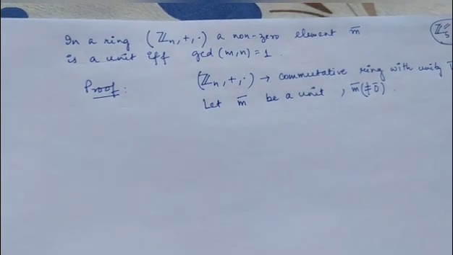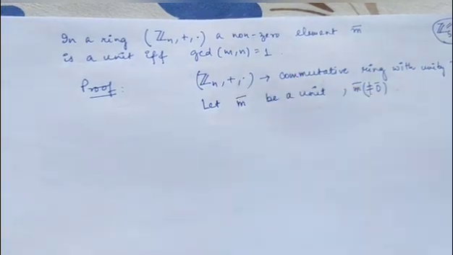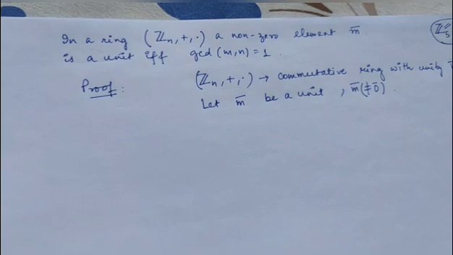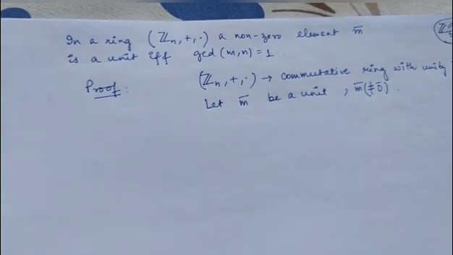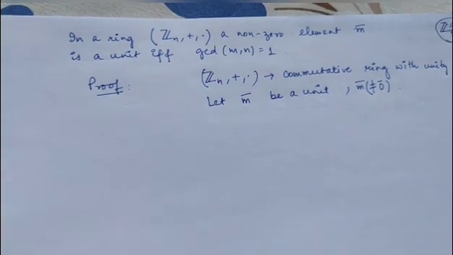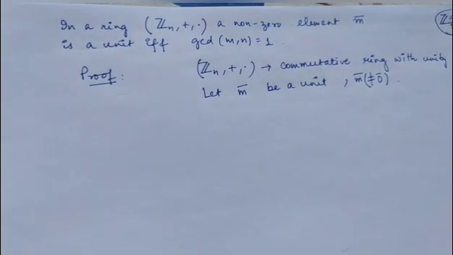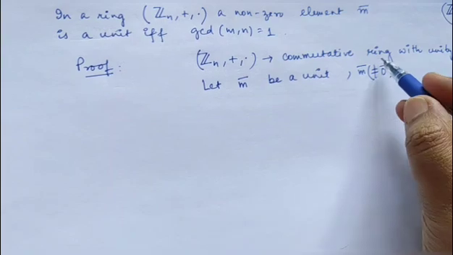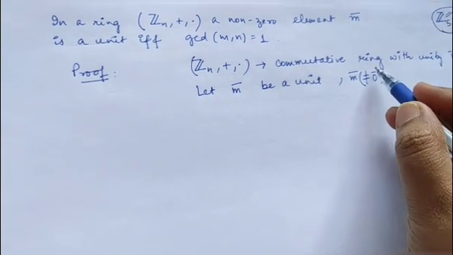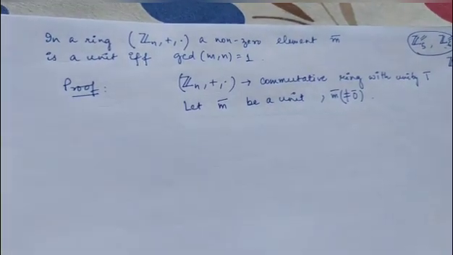For every arbitrary ring, with respect to the first binary operation, the ring is a commutative group, and hence it has an identity element with respect to the first binary operation, that is the additive identity. I am specially hammering on this every time: whenever I say non-zero element, it is not an additive identity element. So it is not equal to class 0.